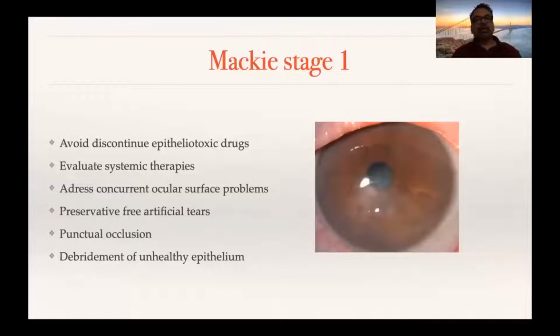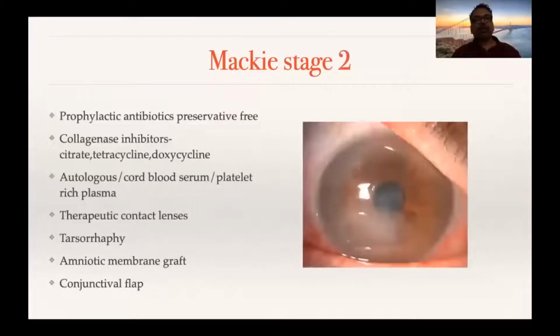In such cases, avoid or discontinue epithelial toxic systemic and topical drugs. Then address concurrent ocular surface problems like dryness, with copious use of preservative-free artificial tears, and punctal occlusion can be tried in cases of severe dry eye. In Mackie stage 2, there will be a recurrent or persistent epithelial defect with superficial stromal involvement.